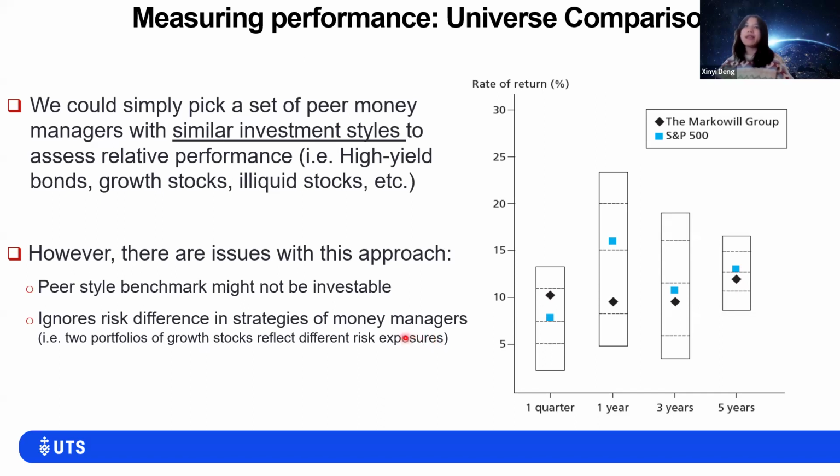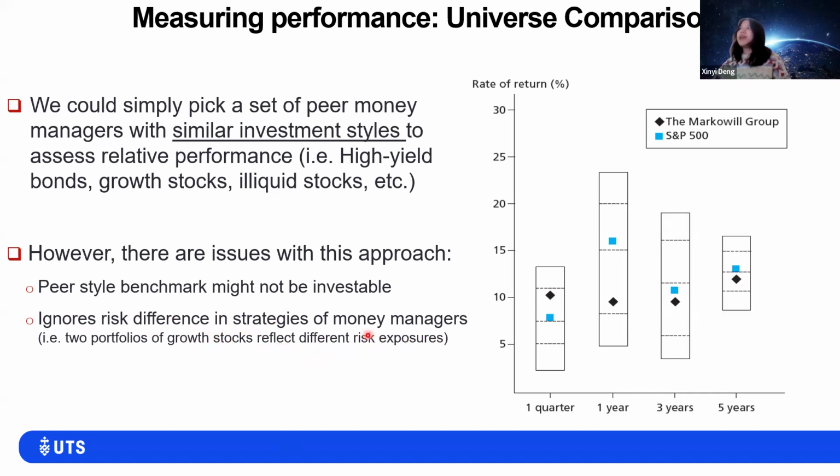For example, within the equity universe, a money manager can concentrate on high beta or aggressive growth stocks, and such concentration on the subgroups can be a reason contributing to the difference in the risk profiles of the strategies of those managers.